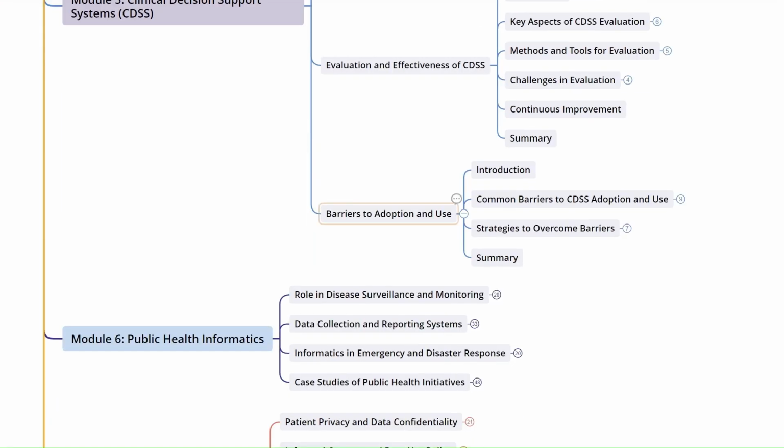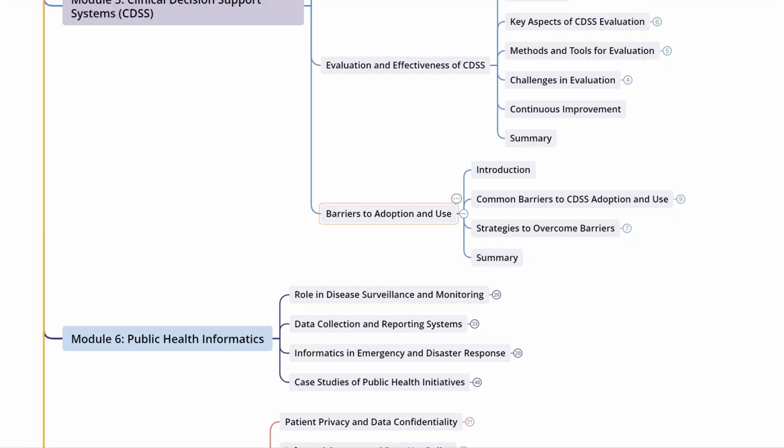Despite the promising benefits, barriers to adoption and use are significant hurdles that many healthcare organizations face when trying to implement CDSS on a broad scale. Technical challenges such as lack of interoperability between various electronic health record systems and decision support tools can limit functionality and usability.